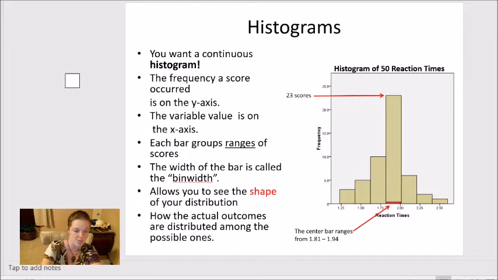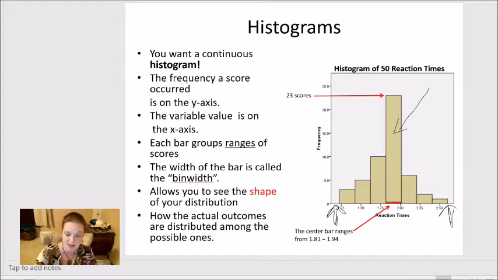And so down here on our number line, it ranges all the way over here from 1.21 all the way up to 2.6. And then what you do is you group your reaction times by similar values. Then you decide on what your range will be for each of your groupings. And that range will be what's called the bin width. Because you can think of these rectangular bars here as bins, where you're putting like scores together.